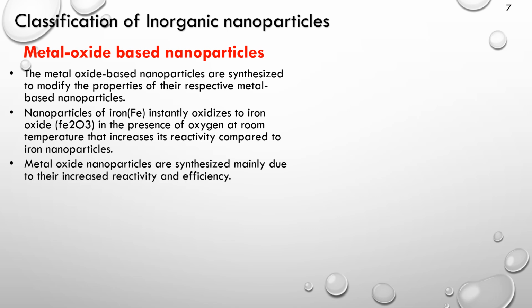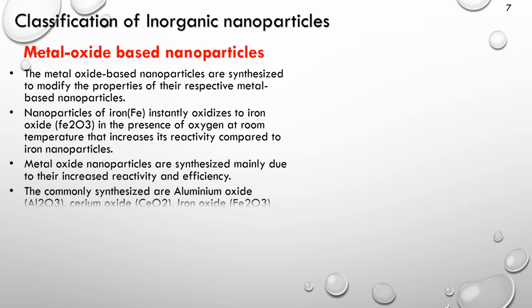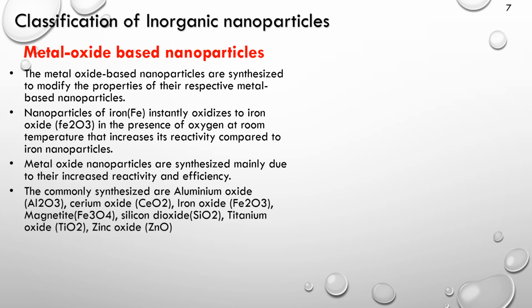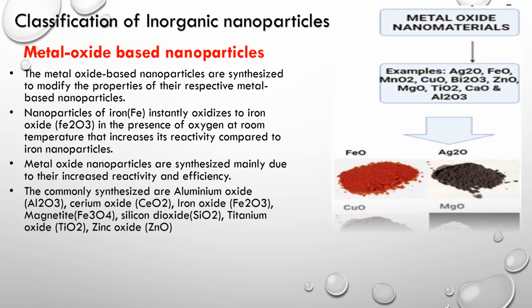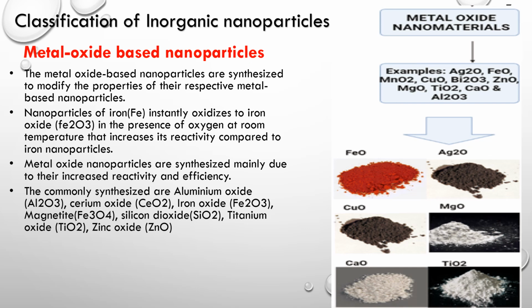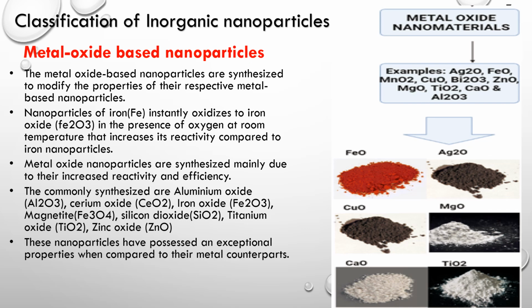Metal oxide nanoparticles are synthesized mainly due to their increased reactivity and efficiency. The commonly synthesized metal oxide nanoparticles are aluminum oxide, cerium oxide, iron oxide, silicon dioxide, titanium oxide and zinc oxide. These nanoparticles possess exceptional properties when compared to their metal counterparts.